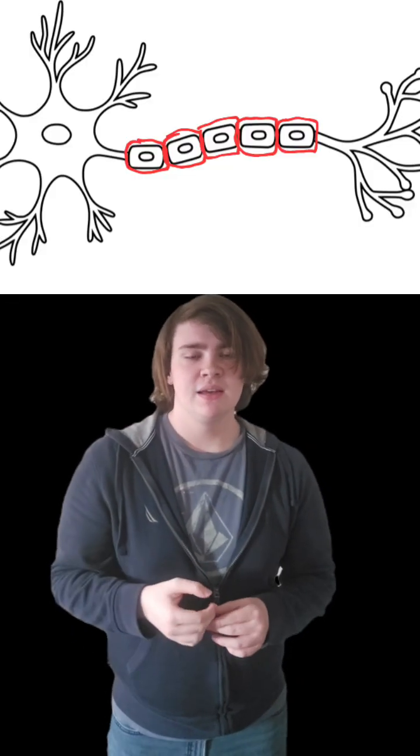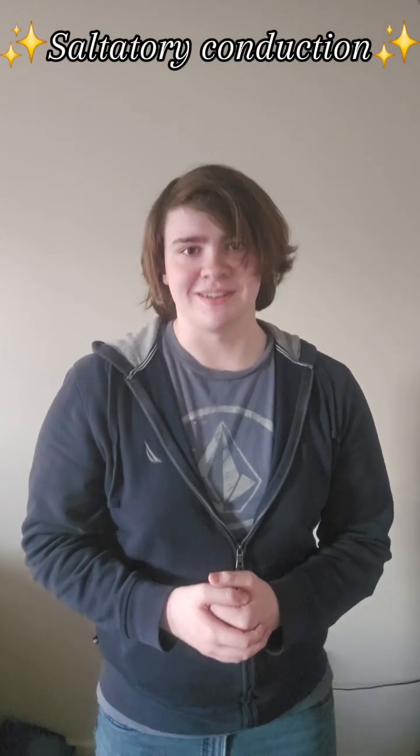Now, these sheaths, they act as an insulator, which, if you know anything about electric signals, seems pretty counterintuitive to throw in a bunch of insulators when you're trying to transmit an electrical signal. Well, it somehow actually boosts the process through saltatory conduction.